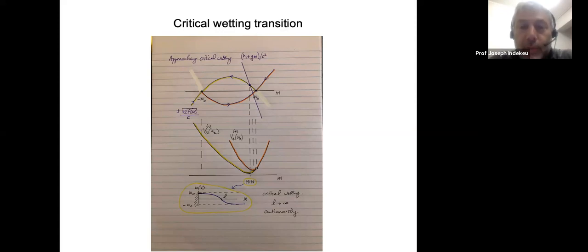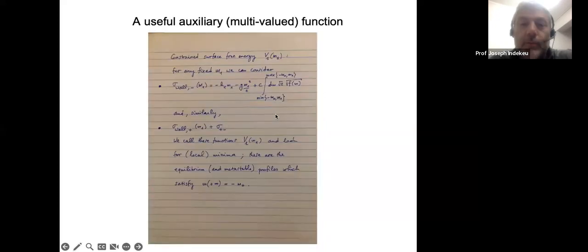What we see here in front of us is an example of critical wetting, and you can imagine that if we would tune the parameters such that we would be on the border between a regime where we can have critical wetting and the regime where we can have first order wetting.